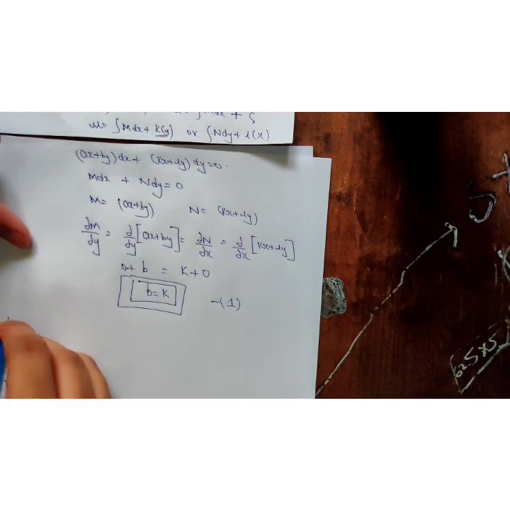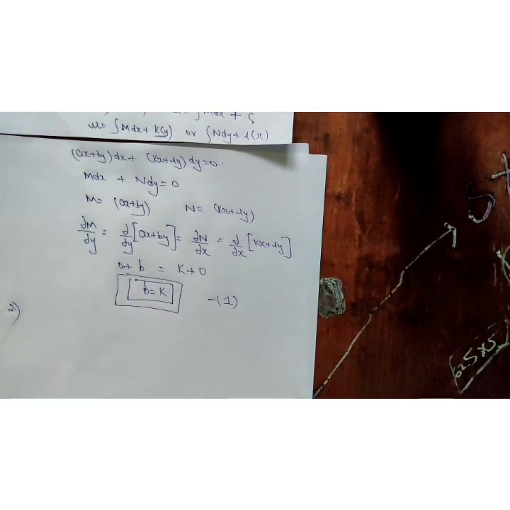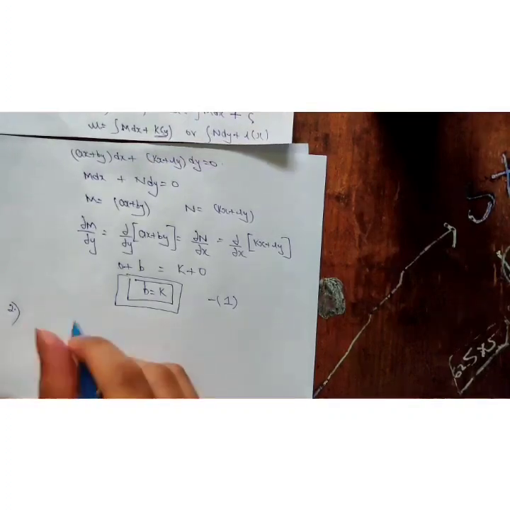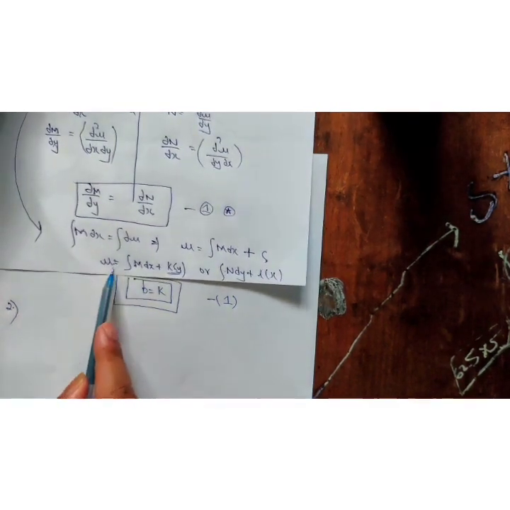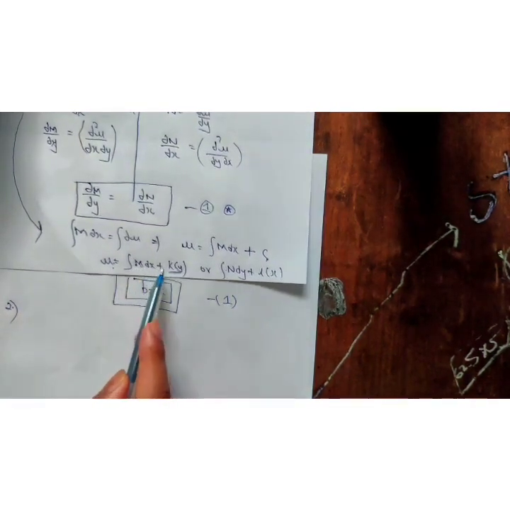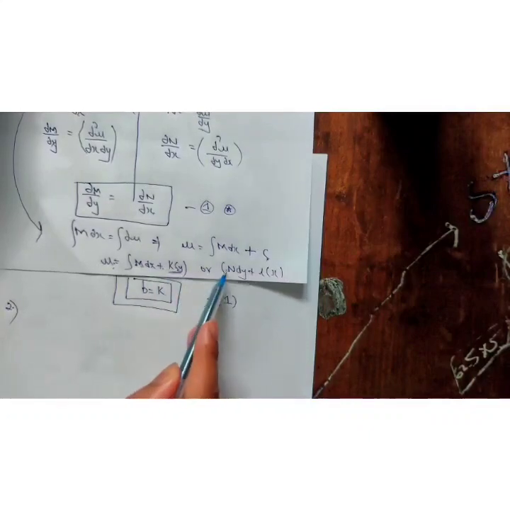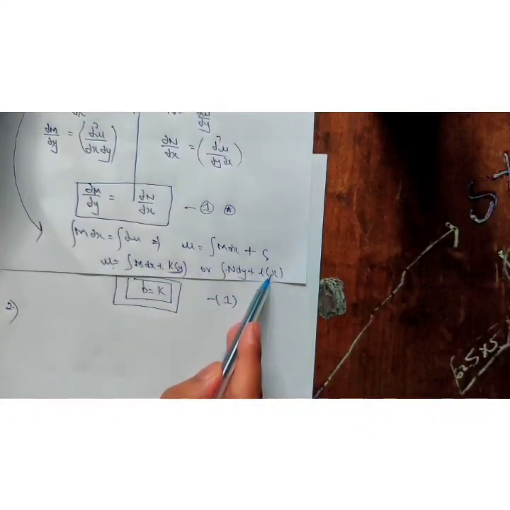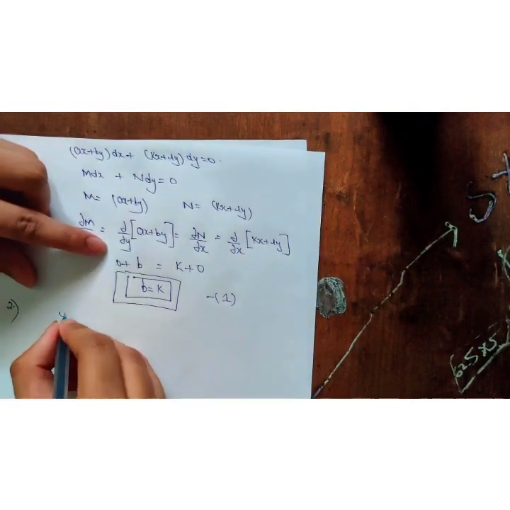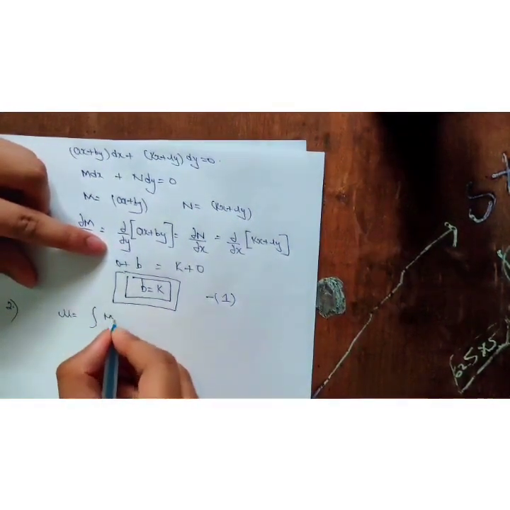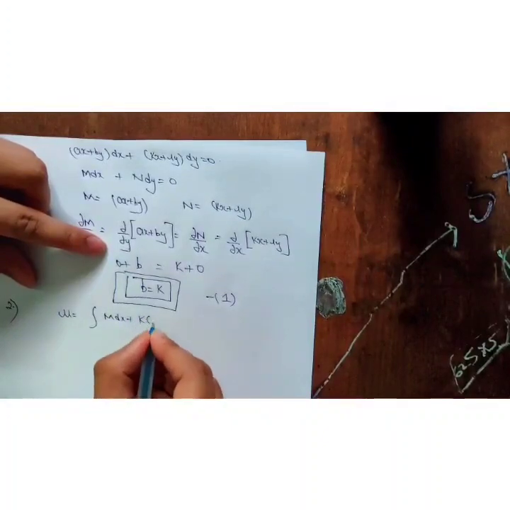Okay, now going into the second one, finding the function u. We have to solve the exact ODE and find the function u. In the previous part I have already shown you, u can be written as the integral of M dx plus k of y, or the integral of N dy plus L of x. Yes, I have explained this. Now u is equal to the integral of M dx plus k of y.